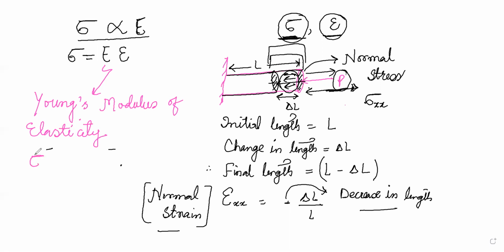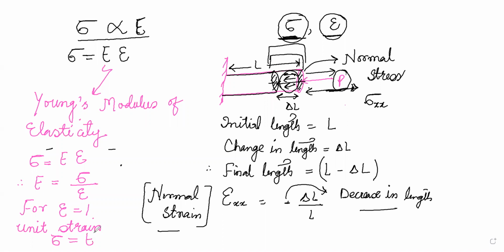We write sigma is equal to E, Young's modulus, times the strain. Therefore, we can write the Young's modulus is equal to stress divided by the strain. For eta equal to 1, that is for unit strain in a machine element, the value of sigma becomes equal to the Young's modulus.